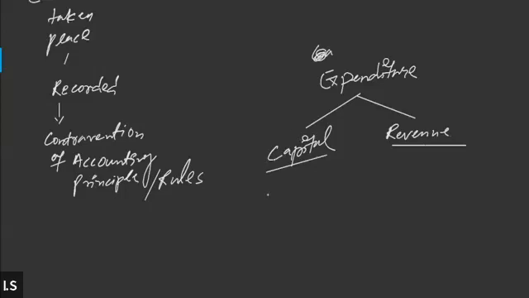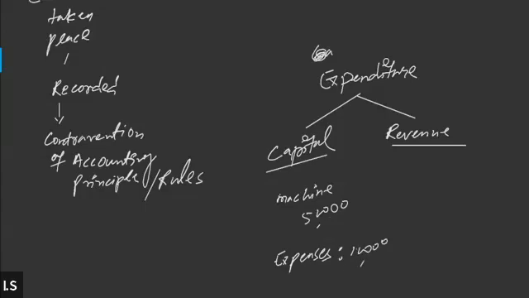So let's, for example, say you have bought a machine of 50,000, and for bringing it to the factory, you have incurred some expenses for bringing this machine into the factory and getting it installed finally. So in order to bring it to the factory and get it installed, you have additionally incurred 10,000.